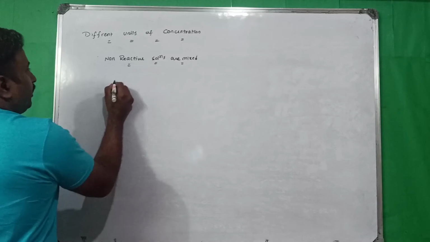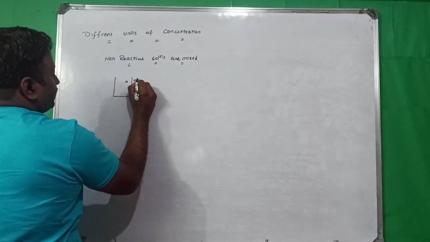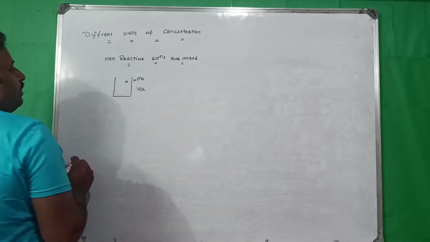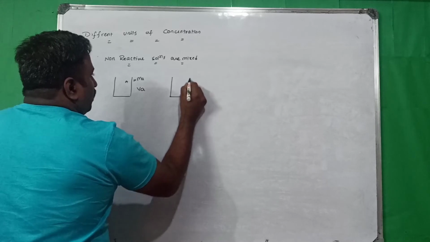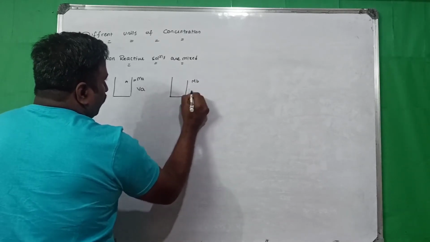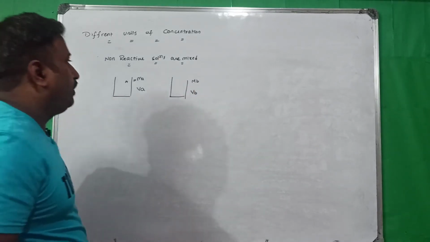That means I took a solution A of concentration MA, volume VA, and I have one more solution whose concentration is MB, volume is VB. You can take M1, V1, M2, V2 also.